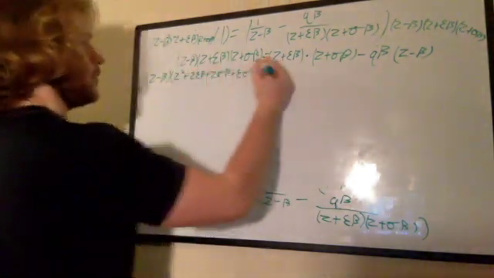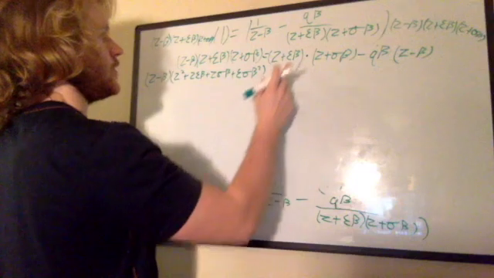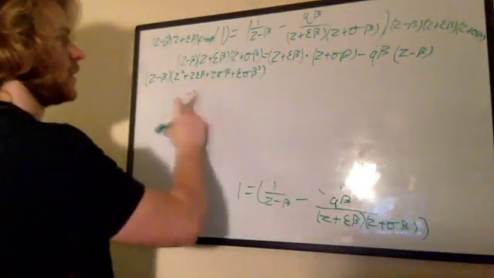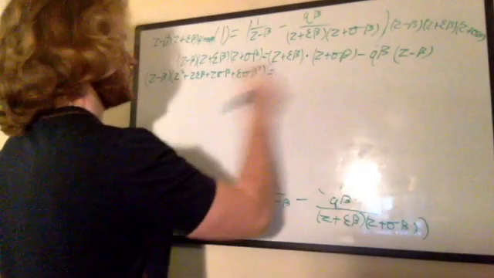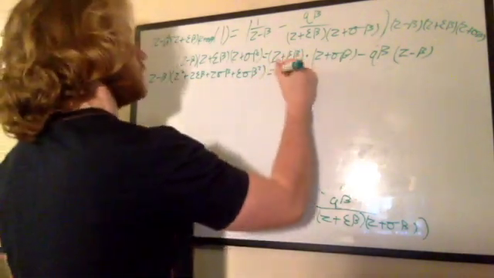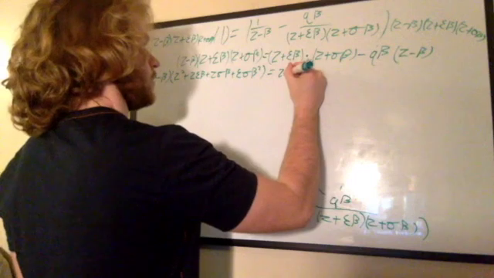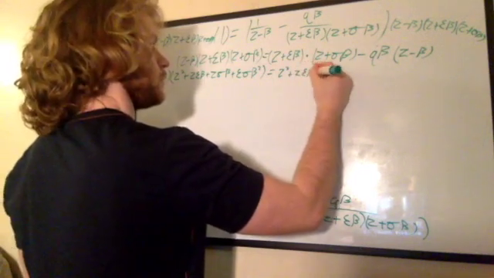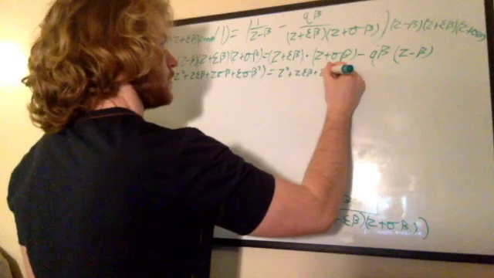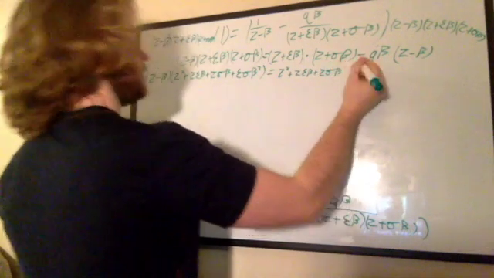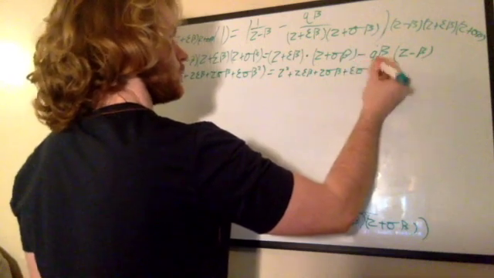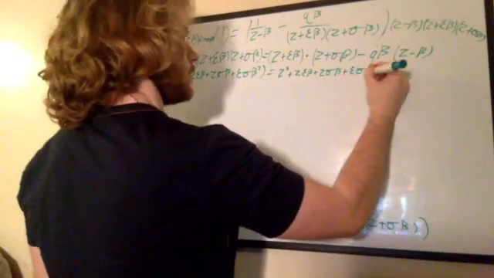That's all going to be multiplied together. And since these right here are the same thing as these right here, it's going to be the exact same thing as this over on this side. So we can just go ahead and copy that over. We're going to get z squared plus z epsilon beta plus z sigma beta plus epsilon sigma beta squared.